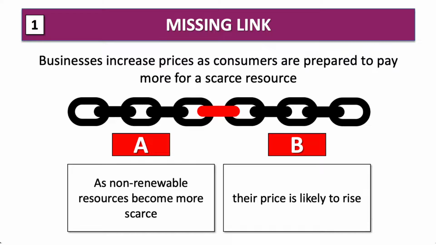Now, the way this is going to work is that businesses will increase prices in this situation because consumers are prepared to pay more for this scarce resource, and therefore their price is likely to rise. See how the missing link ties these two things together.